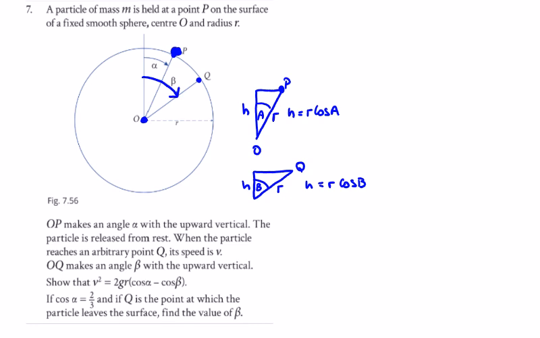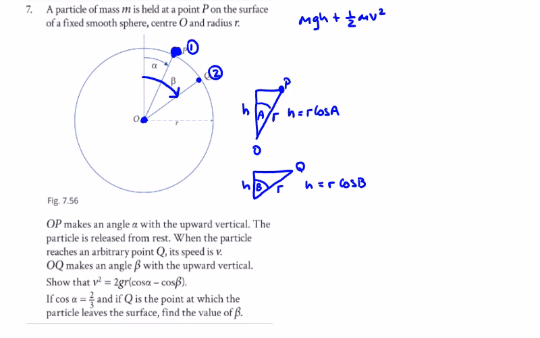So we're looking at conservation of energy here. It's leaving P and ending up at Q. So mgh in position 1 and position 2: mgh plus a half mv squared for my potential and kinetic energies.